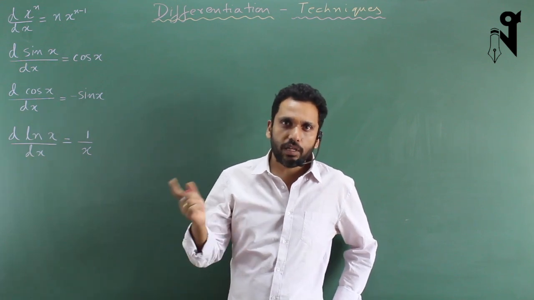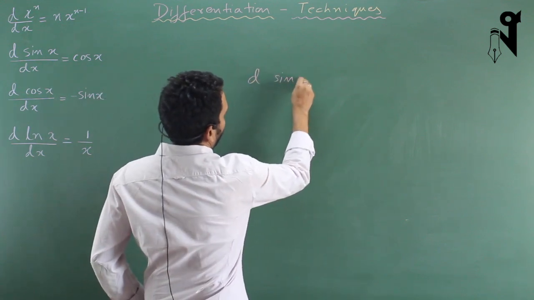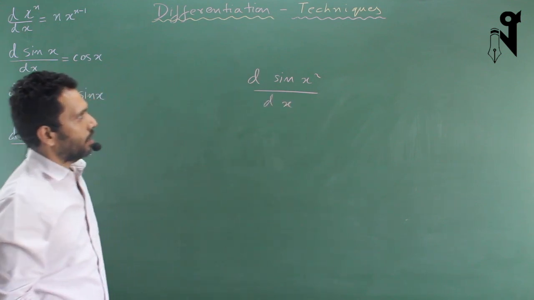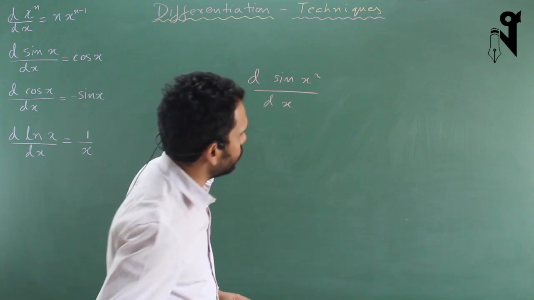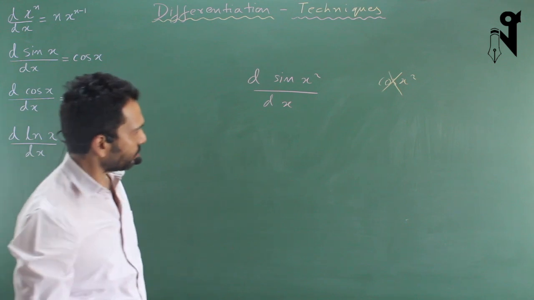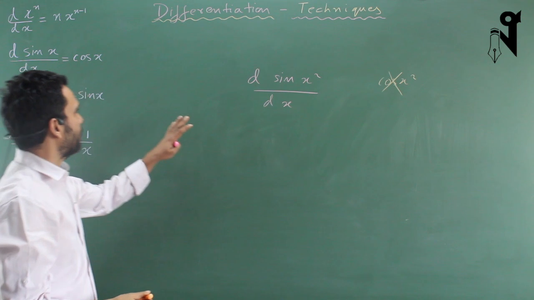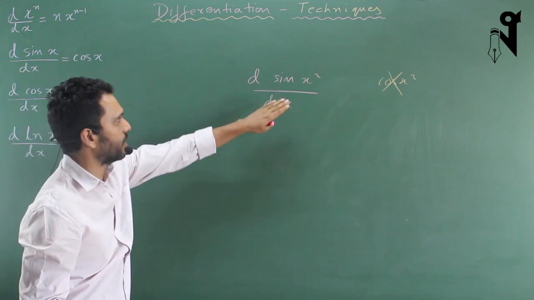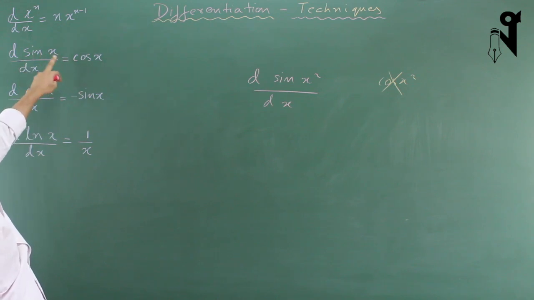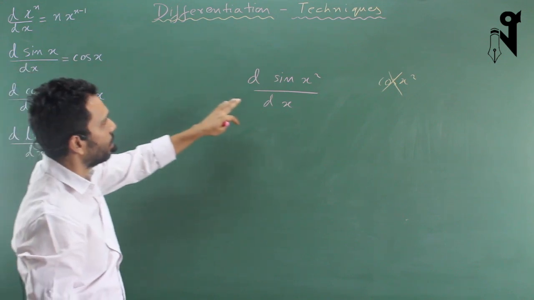So I'm just picking from the last class. What I gave was d of sine x square or x cube, I gave something like that, by dx. Now what's the answer? You gave us various answers like cos x square, which I said is wrong. Then something else. The thing is, you can't say that d of sine x square by dx looks like this formula, and hence d of sine x by dx was cos x, therefore d of sine x square by dx would be cos x square.